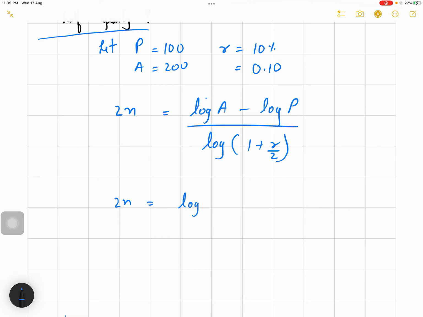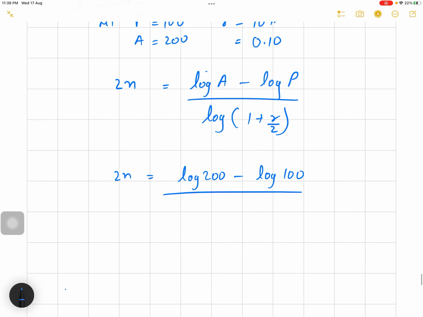2n is equal to log 200 minus log 100 divided by log of 1 plus r.